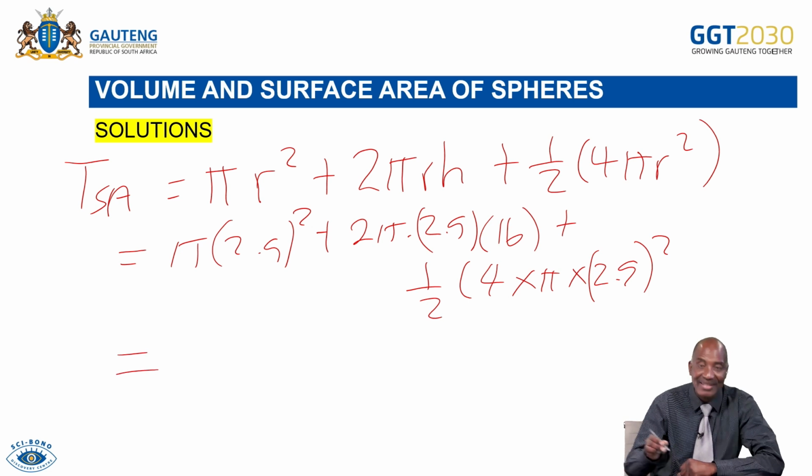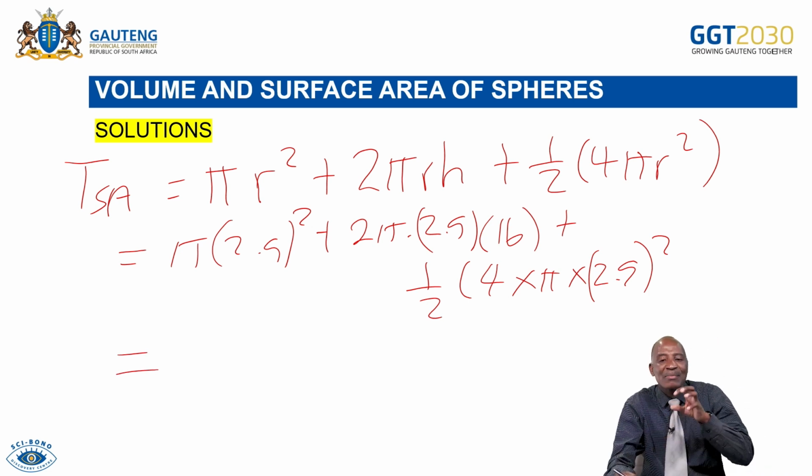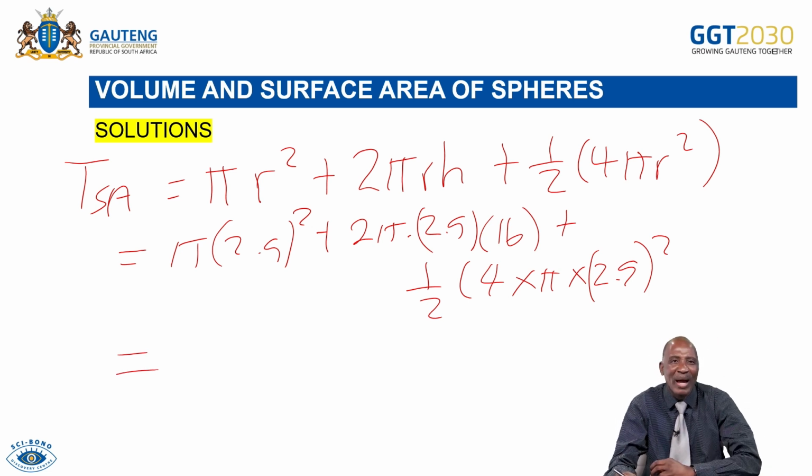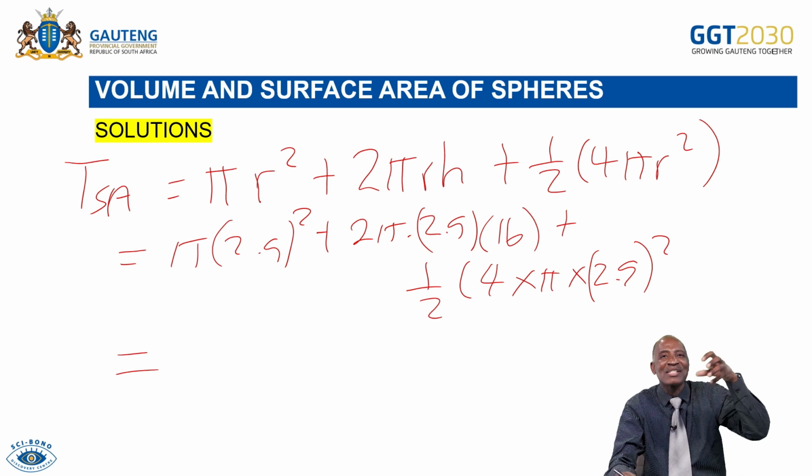Then the rest is calculator work. But what was important here is the formula pi r squared plus 2 pi rh, which is the curved surface area of a cylinder. Why pi r squared instead of 2 circles? That is because it is having a lid which is hemispherical.